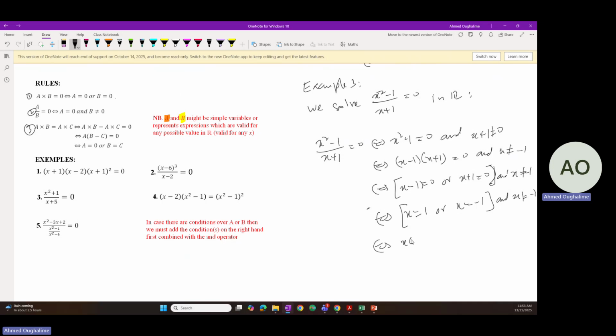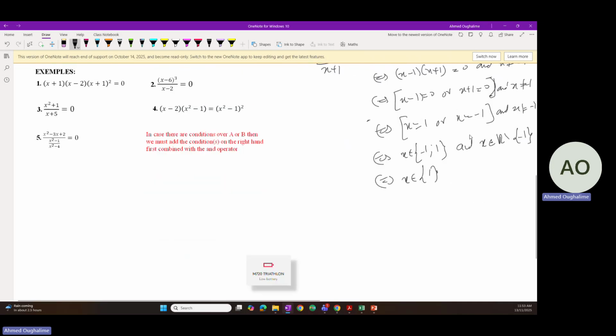So x belongs to this set and x belongs to R except negative 1, so x belongs to this set only if I do the intersection between the two sets. That's why these brackets are very important.